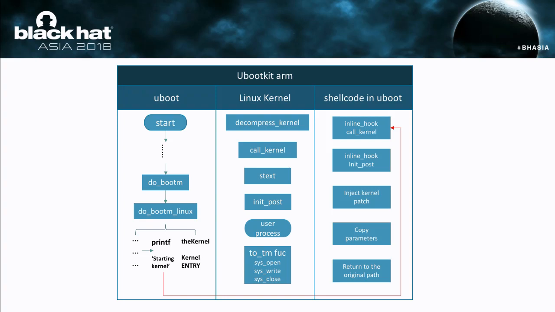In order to patch the Linux kernel, call_kernel, which is the entry point from the decompression stage to the kernel, is the best opportunity. A few instructions at the beginning of call_kernel will be modified as a jump instruction to the shellcode. The following process is the same as before.